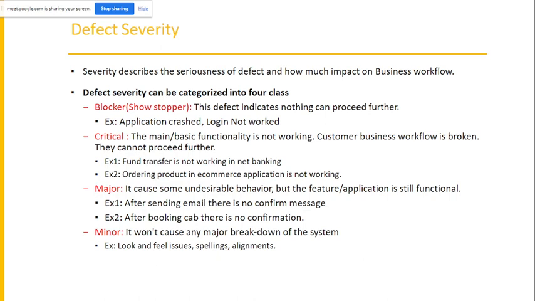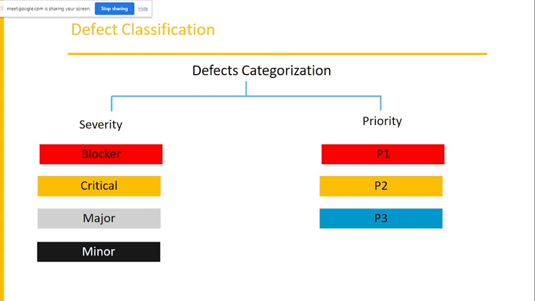Just because of this defect, you are not able to proceed with the further things. Whenever you identify this kind of defect, immediately specify blocker. Severity of the defect will be blocker.